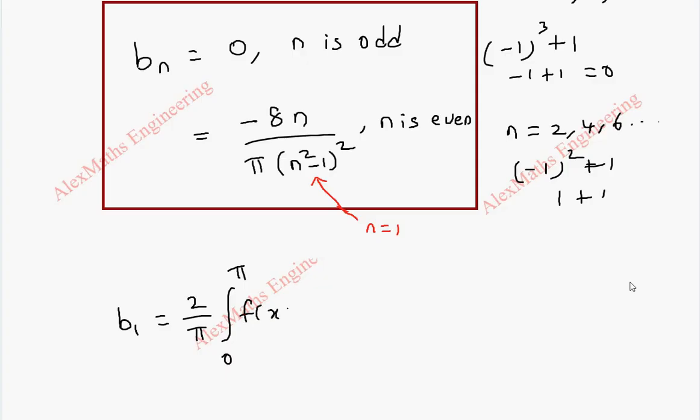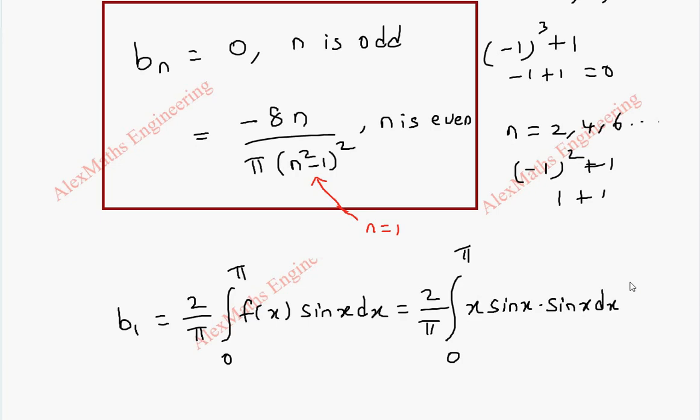x into sine nx, but n is 1 here, so sine x dx. So replacing f of x, we get 2 by pi integral 0 to pi, f of x is x sine x, and we also have one more sine x here, then dx, so it is sine square x.